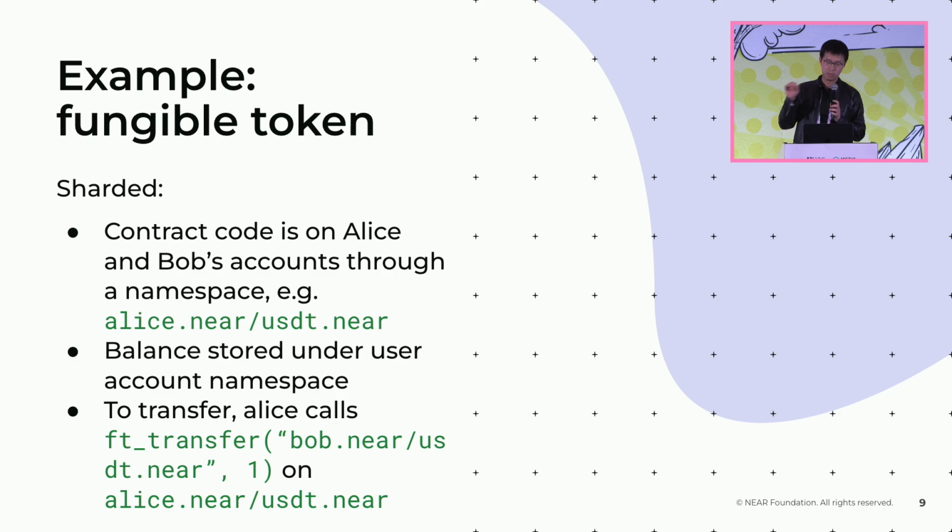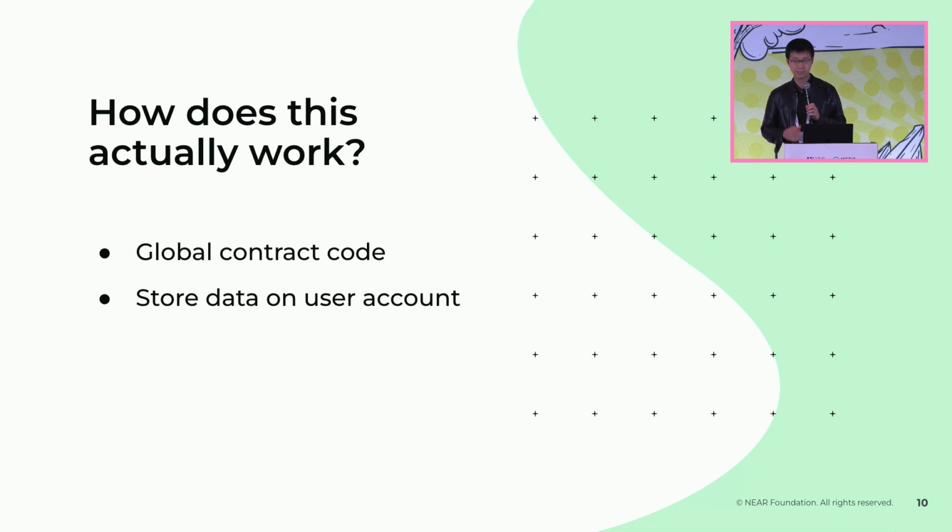As you can see, in this whole process the USDT.near account is actually not touched. So this is almost the same as a native token transfer between Alice's account and Bob's account, because they can live on different shards, and it doesn't have to be just Alice and Bob, it could be millions of users doing the same thing. So it fully takes advantage of what sharding allows you to do.